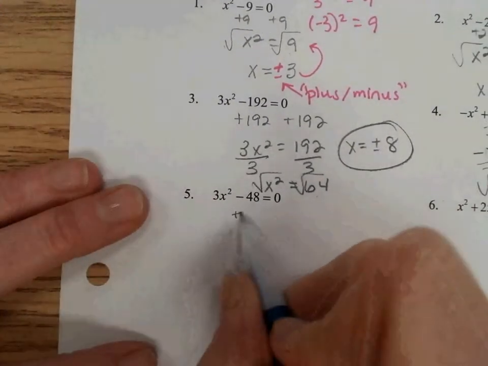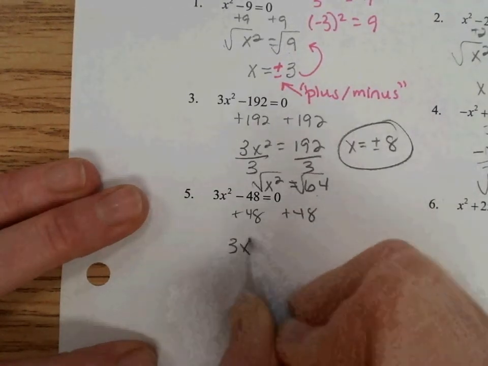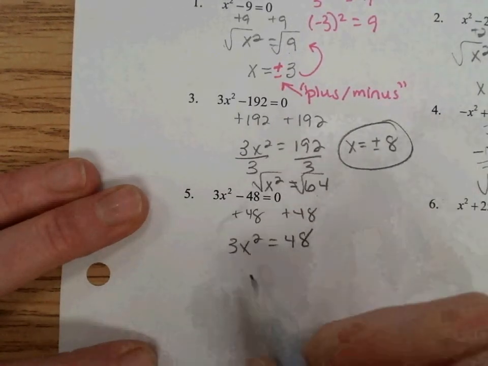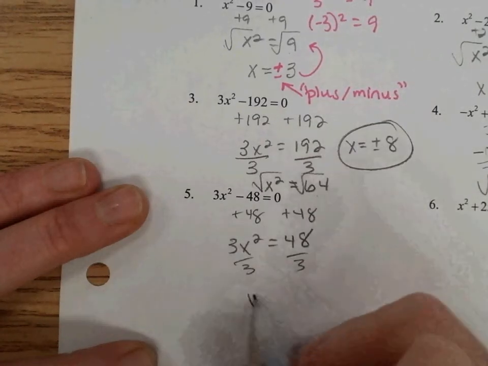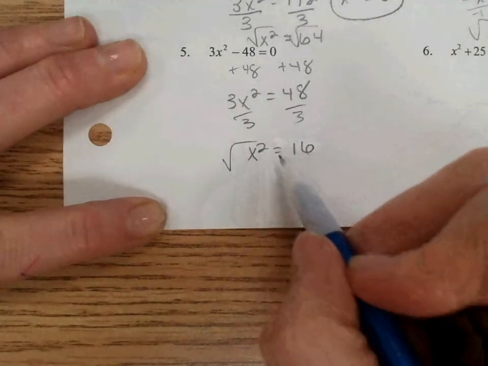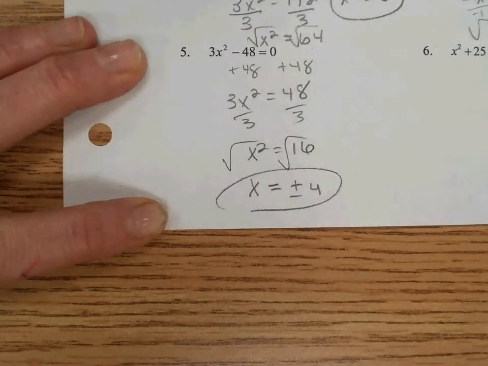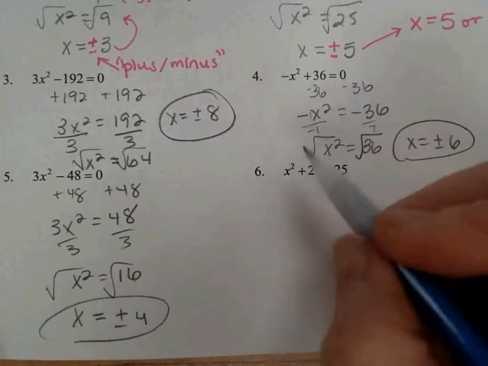Number 5, add the 48 to both sides. So we get 3x squared equals 48. And divide by 3, we get x squared equals 16. Square root both sides, we get x equals plus or minus 4.